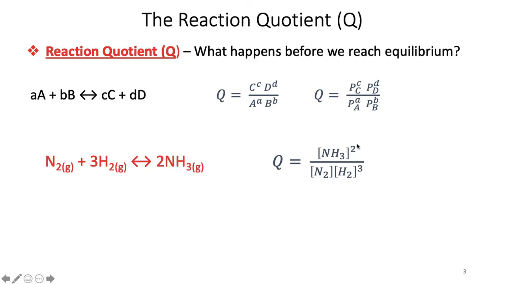I can write a quotient and substitute values at any point in the reaction as it is proceeding. If I know the values of each of the products and the reactants, I can calculate this Q at any point in the reaction.